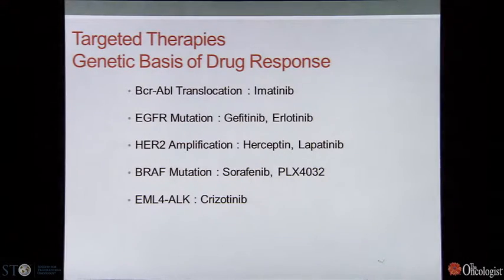So the reason for that is obviously very clear to everybody in the room. Probably that's because we know that if we identify a specific genetic lesion for which we have the correct drug, we can get pretty good responses in the clinic. And so the canonical example is obviously the BCR-ABL translocation in CML and dramatic responses to ABL inhibitors.